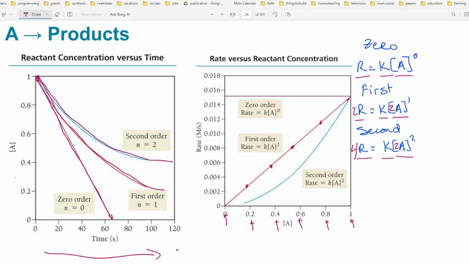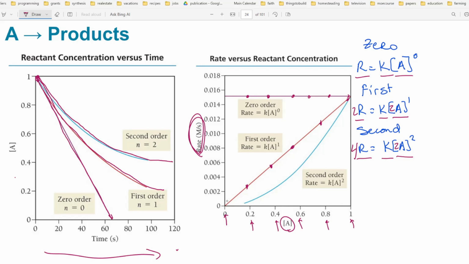So we see that for a zero order reaction, even if we add more of A, we don't see an increase in the rate. So here we're plotting concentration versus rate. For a first order reaction, the more of A we add, we have a linear increase in rate with respect to that amount.